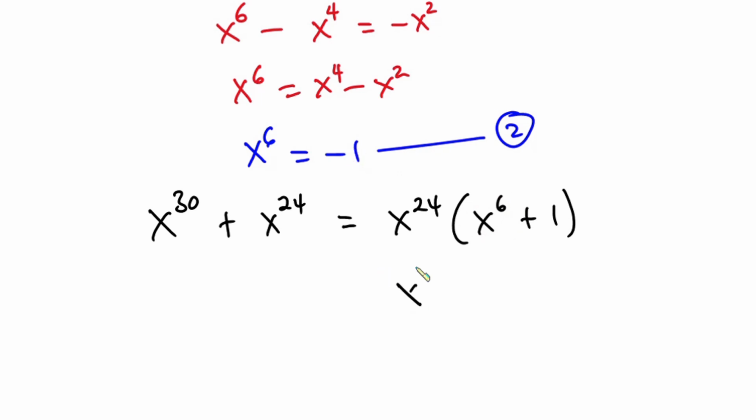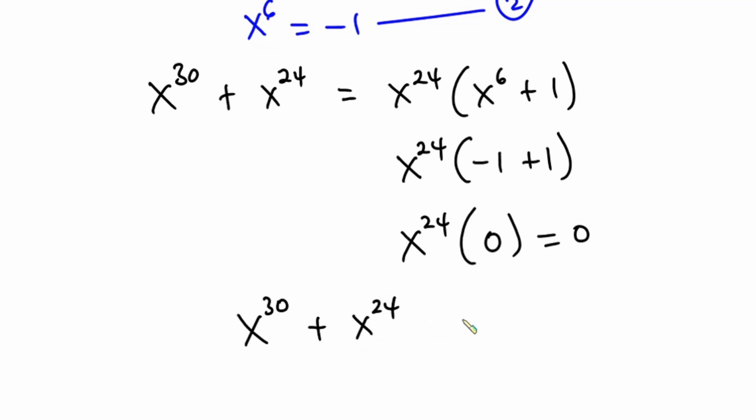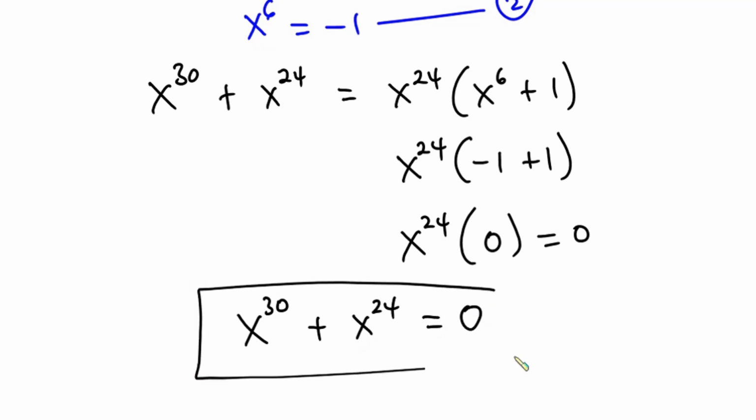So we have x to the power 24 times (negative 1 plus 1). Simplifying this, negative 1 plus 1 is nothing but 0, and any number times 0 is still 0. So we can say that x to the power 30 plus x to the power 24 is equal to 0, and this is our final answer.